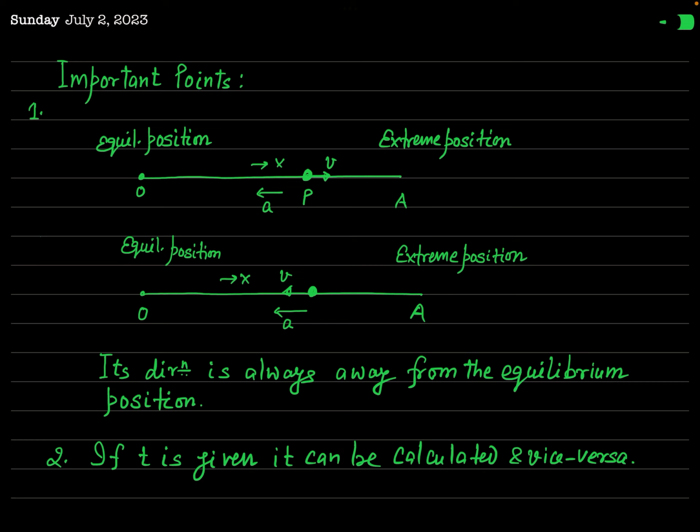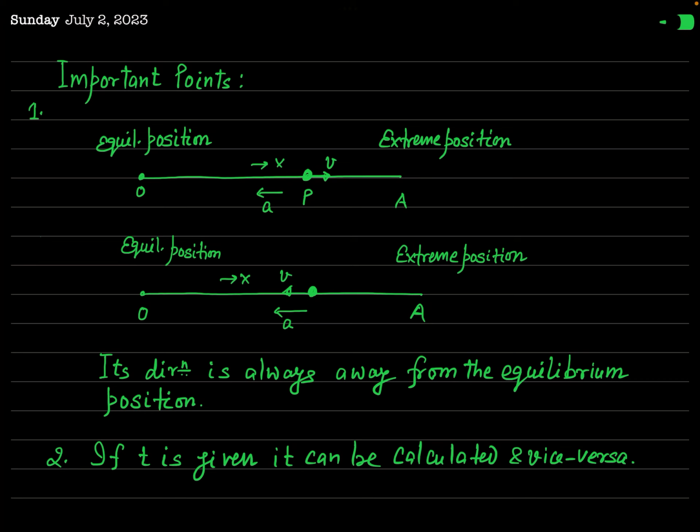Actually, during simple harmonic motion, displacement is measured always with respect to the equilibrium position, and SHM takes place about this equilibrium position. So definitely during SHM, the direction of displacement is always away from the equilibrium position.